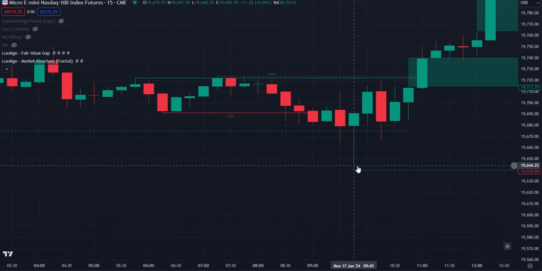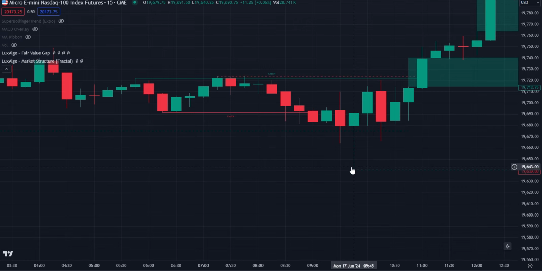We can see here at 9:45 we had a sweep of liquidity, a liquidity sweep. It came down, took out previous lows, and then moved back up. And from here, that's a good sign that the price action is going to reverse.